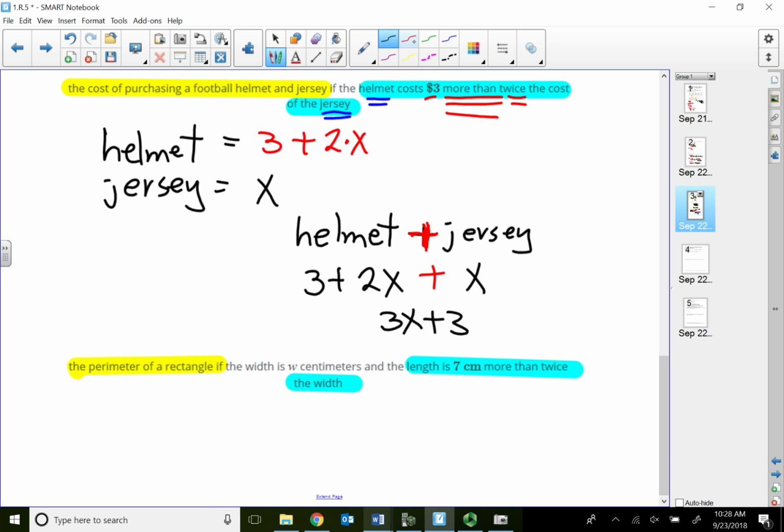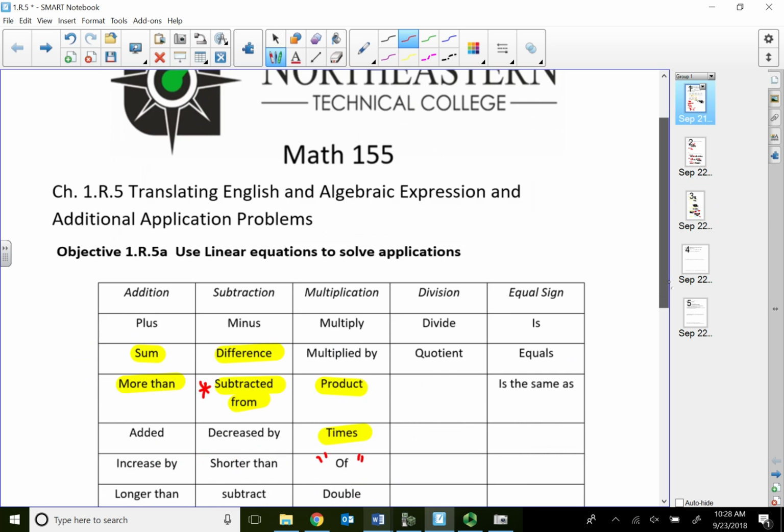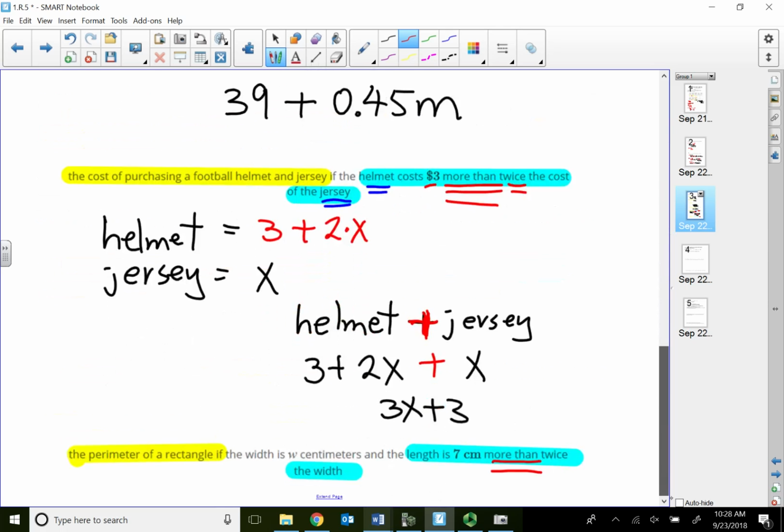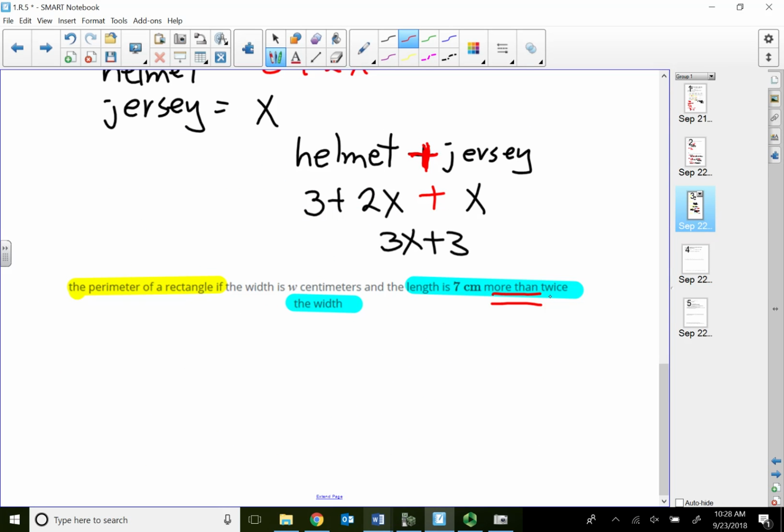So whenever I see my translation words, which are operation words like more than, less than, multiply, then that tiny bit of phrase is what I need to translate for my items. So who is more than who? The length is more than the width. So I'm comparing length and width.